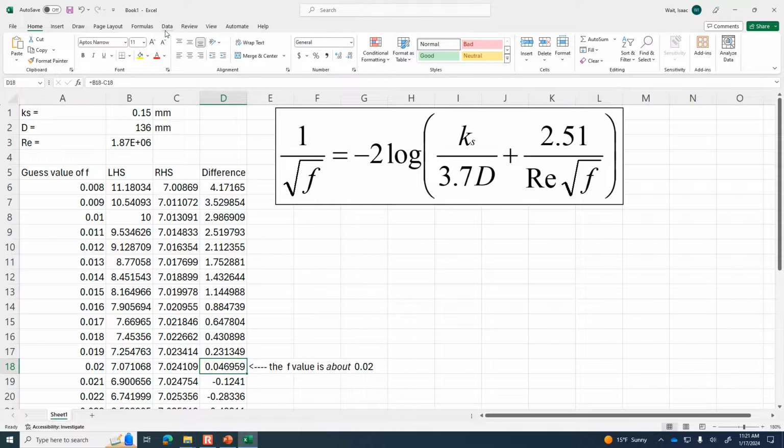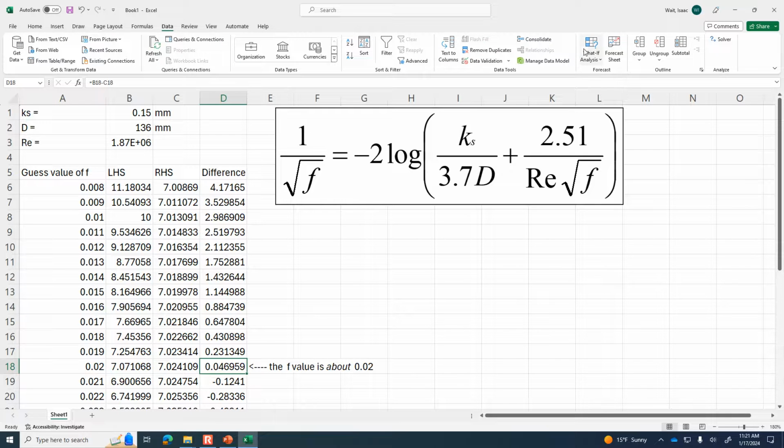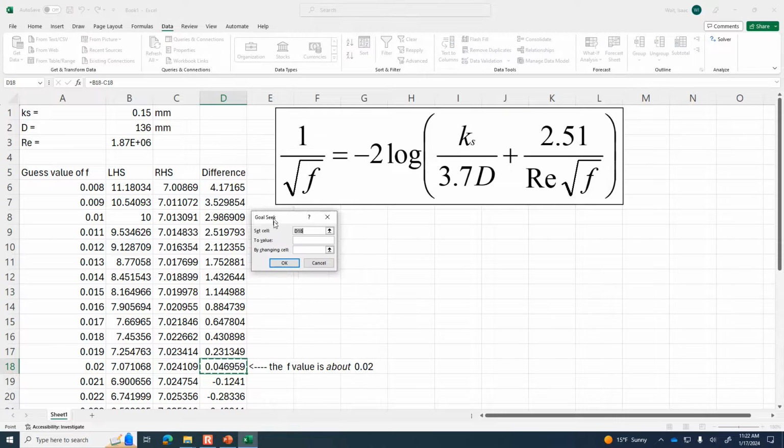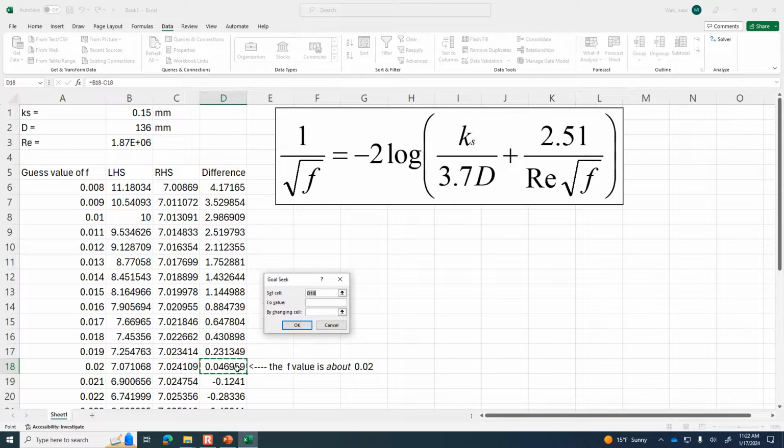So I'll go here to the data tab, what-if analysis, goal seek, and what we're going to do in goal seek is we want to set the difference to be 0 by changing the F value, and it's going to play around with a bunch of different guesses for F until it finds the one where the left-hand side and the right-hand side truly are equal.